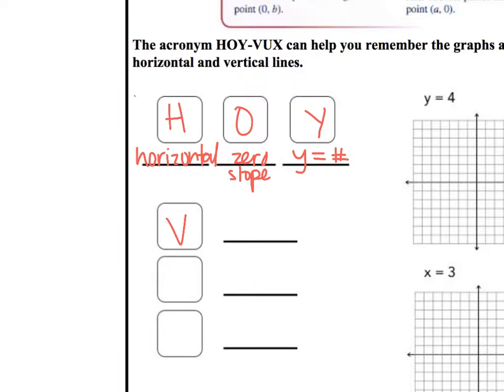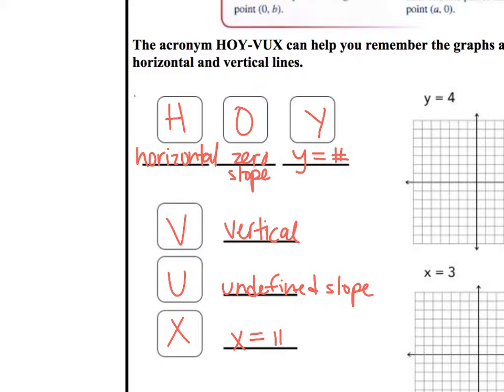Vertical lines, so this is VUX. Vertical lines have a slope of undefined. We'll talk more about that later in the week. And are always x equals some number.